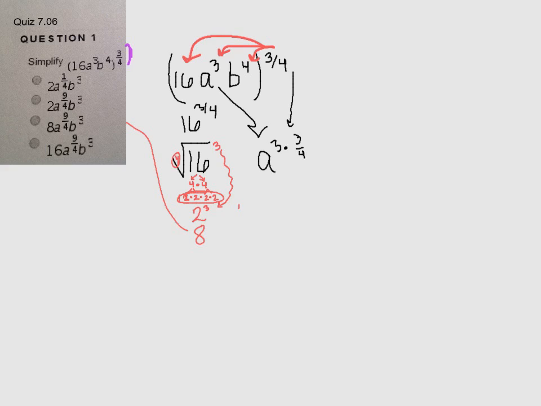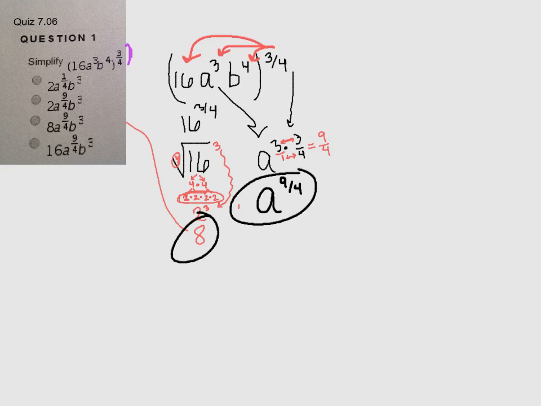Well, you have to make that number into a fraction. Then you multiply top with top, which gives you 9, and bottom with bottom, which gives you 4. So the answer for the a piece is a to the power of 9/4. If you look at the 3rd answer choice, you see that a has that as its answer.